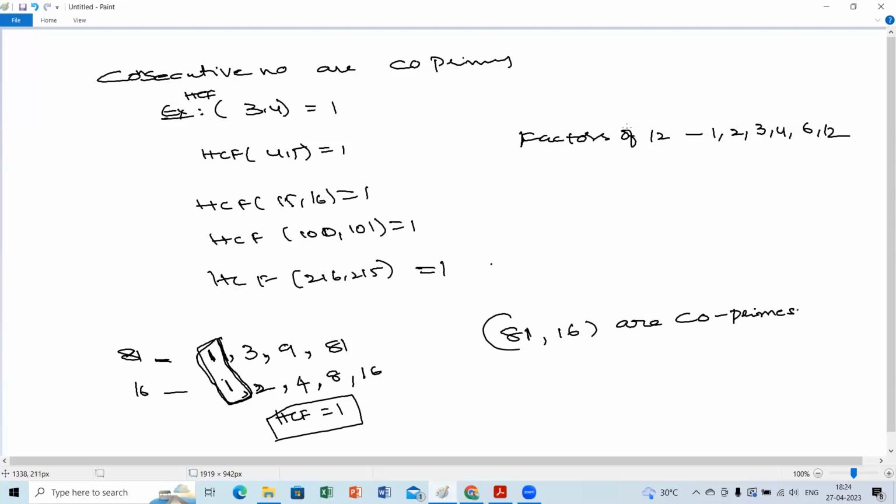Any number is divisible by 12. If you take the number 48, 48 is divisible by 12.